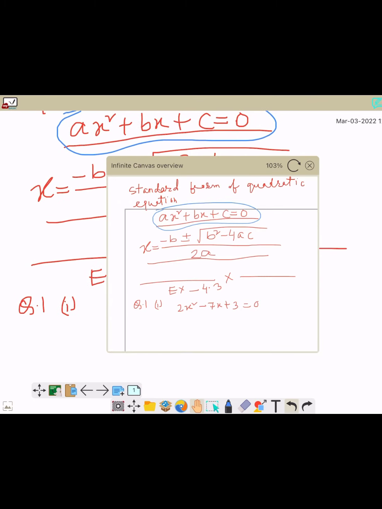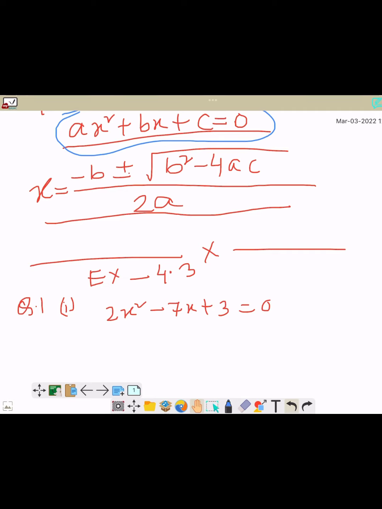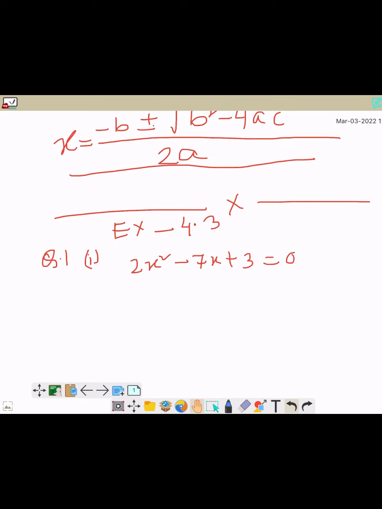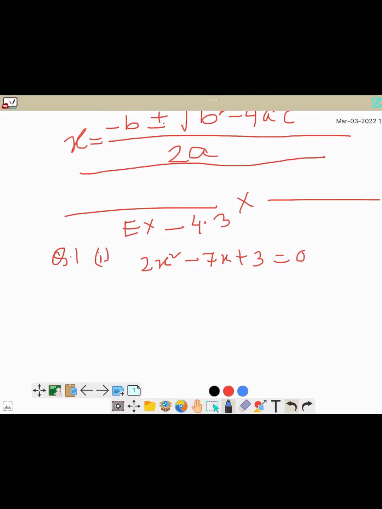We can simplify this problem further and write it like this: 2x square plus minus 7x plus 3 is equal to 0.